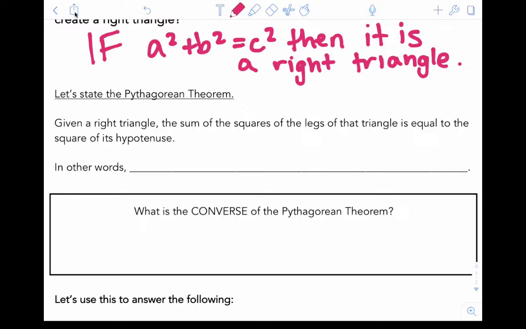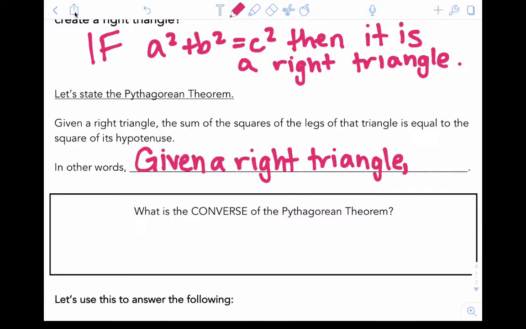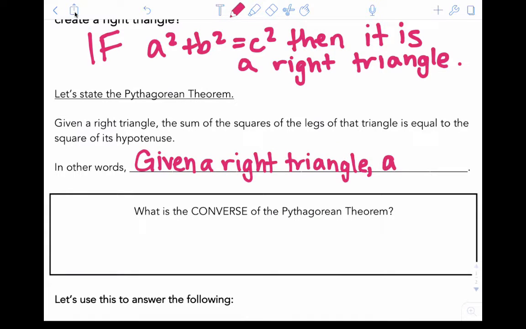In other words, the legs are a and b, the squares of the legs are a squared and b squared, the sum of the squares of the legs is a squared plus b squared, and that's equal to the square of its hypotenuse.